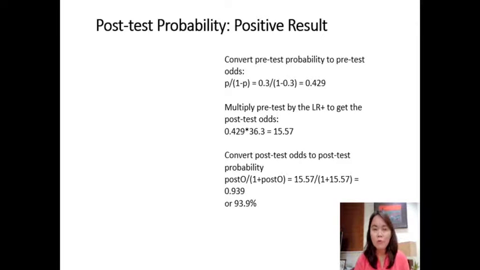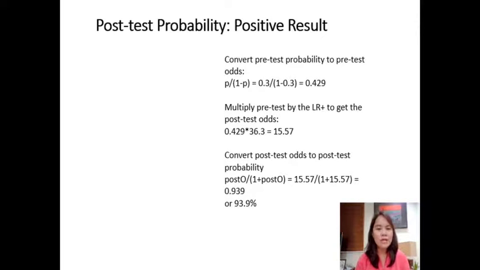So the long way of doing this is to compute it manually. First, you convert the pretest probability to pretest odds, multiply the pretest odds by the LR positive if you're computing for the post-test probability of a positive result, and then convert the post-test odds to post-test probability. So by computation, the post-test probability of having a positive result is 93.9%, so that's quite high.